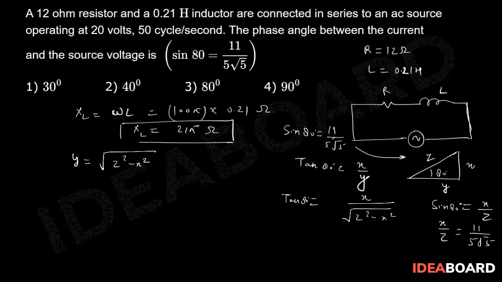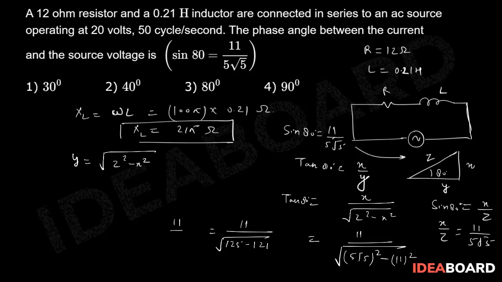So we need to put the values. Here x is 11, and z is 5 root 5, so 5 root 5 square minus 11 square. What does it give us? It will give under root of 5 into 5 25 into 5 125 minus 121, which will give us 11 divided by root of 4, which gives us 11 by 2, which gives us 5.5.